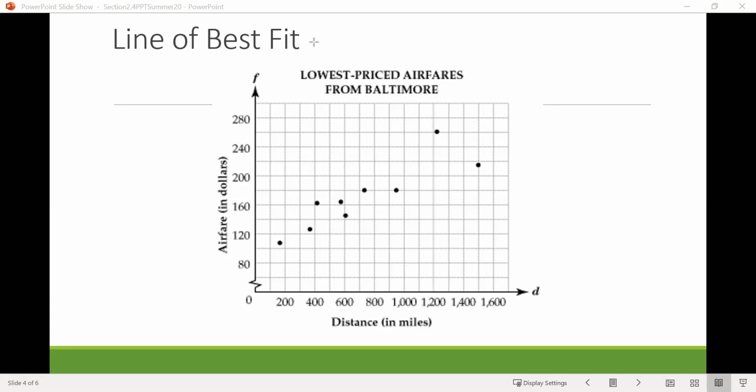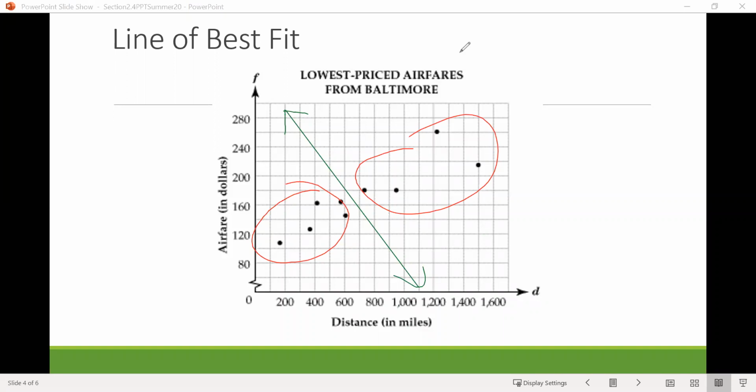For example, if I draw this line here, note it more or less splits the data: there are 4 dots up here and 5 dots down here.